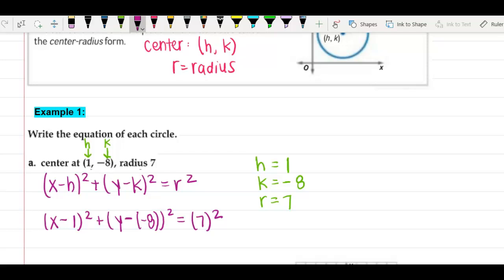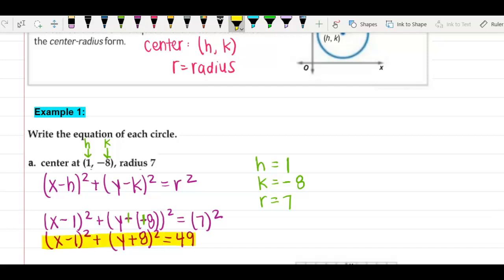And we're not going to FOIL and do all that fun, crazy algebra stuff. We're just going to leave this x minus 1 squared just like it is. The issue in the second set of parentheses is we have this double negative here. We don't like when we have two operations back to back like that. So instead of y minus a negative 8, this becomes a plus. So it's y plus 8 squared equals, and then 7 squared is 49.